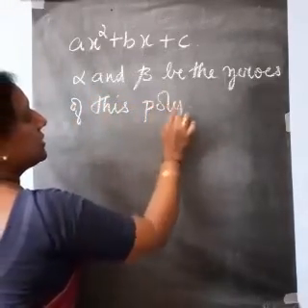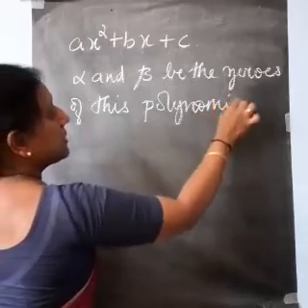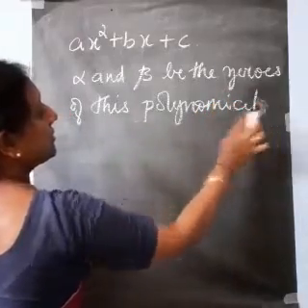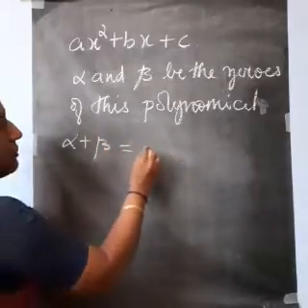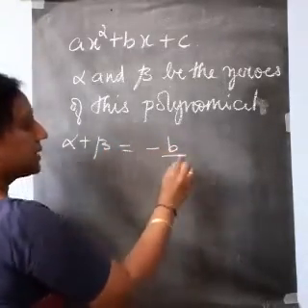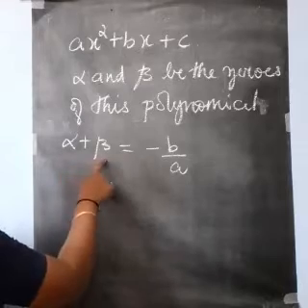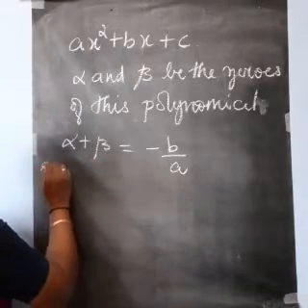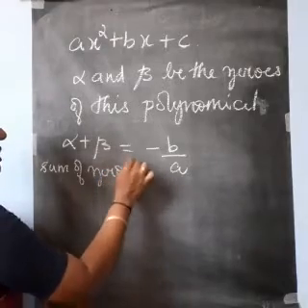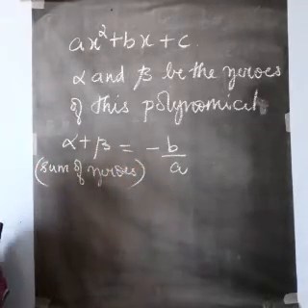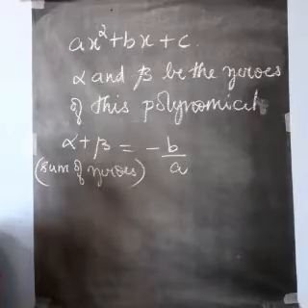We find alpha plus beta is equal to minus b by a. Alpha plus beta is the sum of zeros, so the sum of zeros is equal to minus b by a.